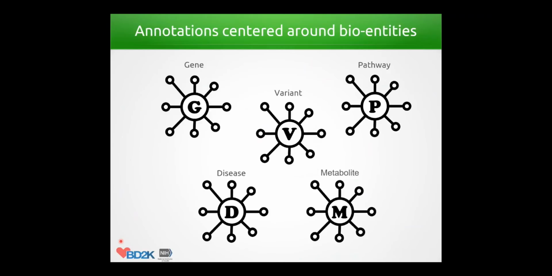They are all linked together, but normally when we organize knowledge around those bioentities, we tend to use gene-centric, variant-centric, or disease-centric annotations. For each gene or variant, we have an ID, and then we have all kinds of annotation as attributes attached to those bioentities. That's essentially how we organize biological knowledge right now.